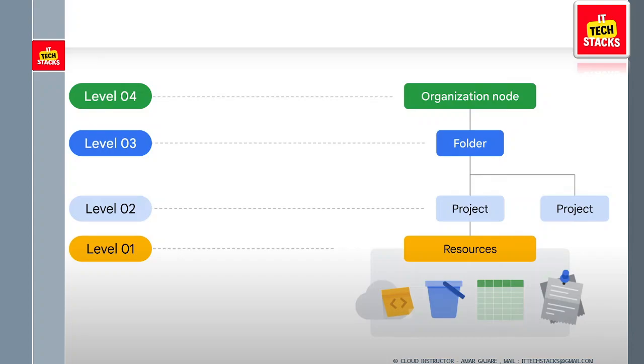It is important to understand that this resource hierarchy is directly related to how resources are managed when you use Google Cloud. Because if you are using any policies or rules on specific resources, then you must first understand the hierarchy of Google Cloud.